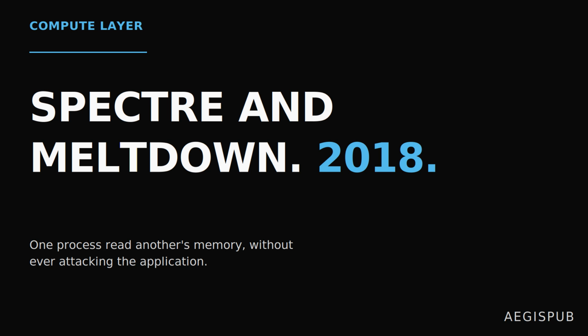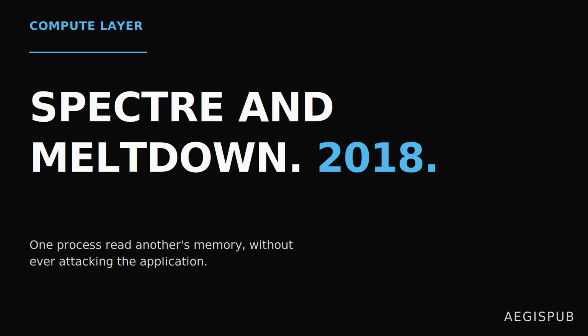The Spectre and Meltdown vulnerabilities disclosed in 2018 were kernel and microarchitectural vulnerabilities that allowed one process to read memory belonging to another process that shared the same physical CPU. On a shared cloud host, where thousands of customers' virtual machines run on the same physical hardware, these vulnerabilities meant that a malicious customer could potentially read memory belonging to another customer without ever attacking the customer's application, because the attack was against the common mechanism, the shared CPU cache, rather than against the application itself.